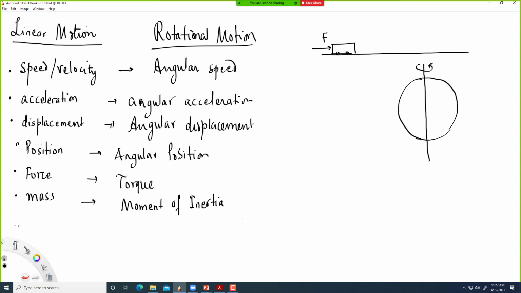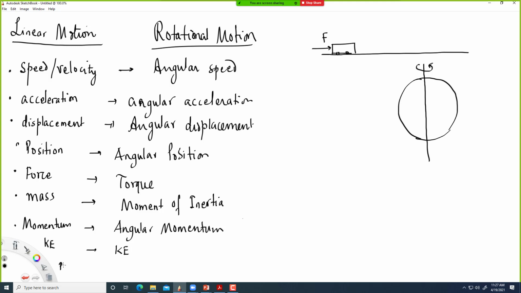Another thing is we also use momentum. So here, in rotation, we use angular momentum. Here we use kinetic energy. Here we use also kinetic energy, but it's angular kinetic energy.